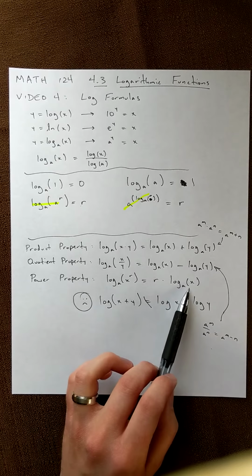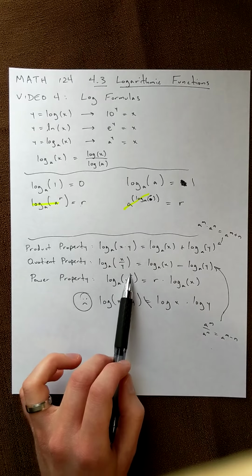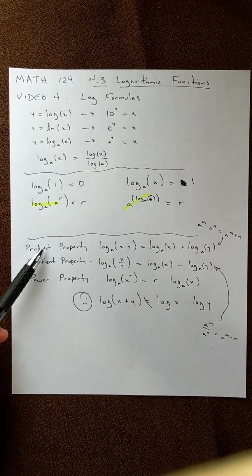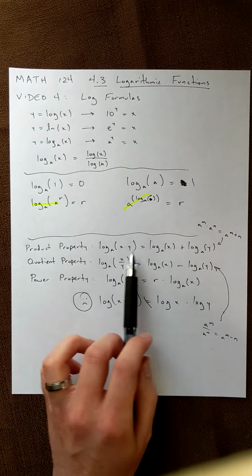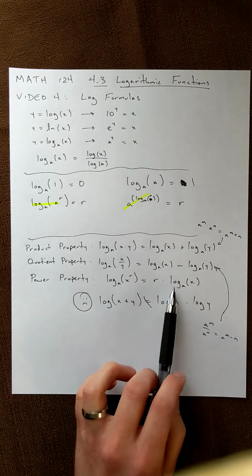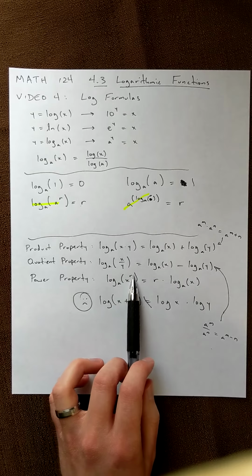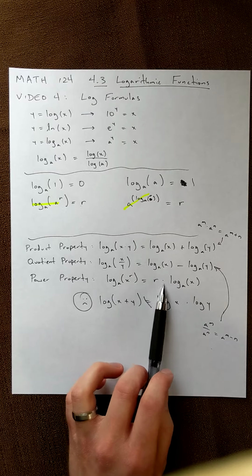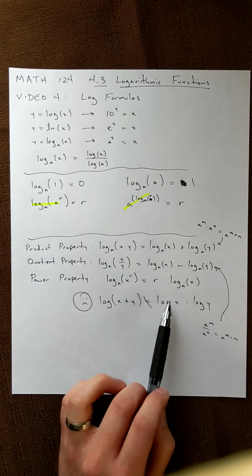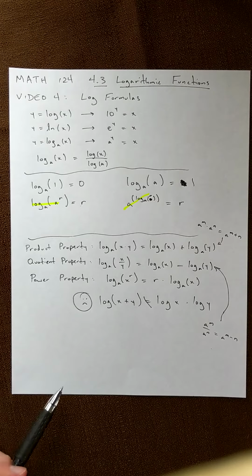You still have log base a of x, but the exponent r does kind of pop out front. So again, I'm going to think about all these rules in terms of words. Log plus log, multiply the insides. Log minus log, divide the insides. And an exponent on the inside is a product out front. Okay, so these are all the rules. I'll show you in the next video how to use them.